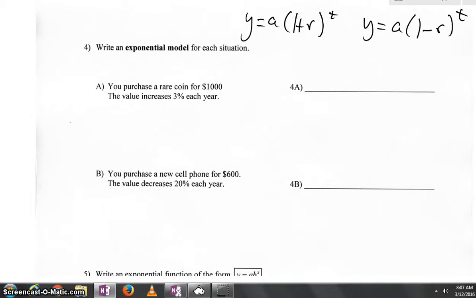Continuing with our second page of our practice test. Number 4 is dealing with exponential growth or decay, and you will be given these formulas. Y equals a(1 plus r) to the t, y equals a(1 minus r) to the t.